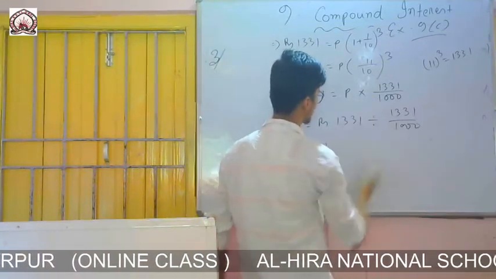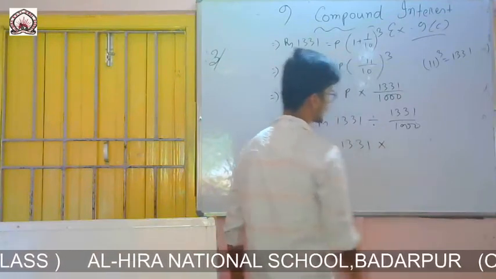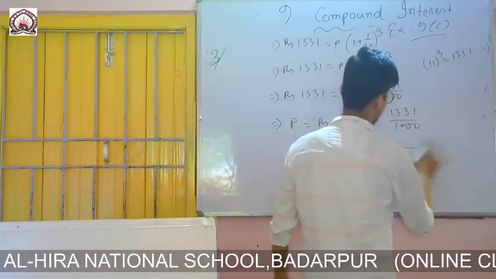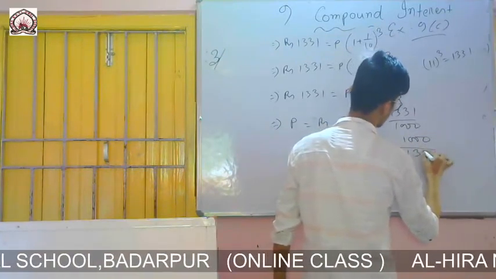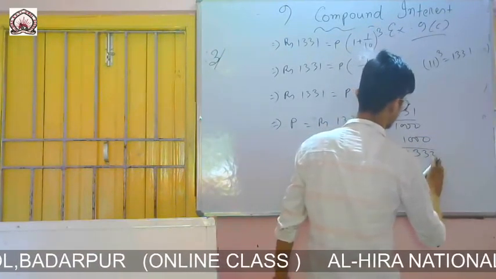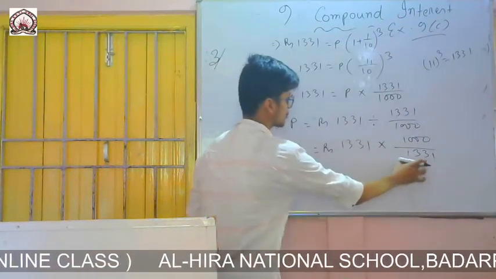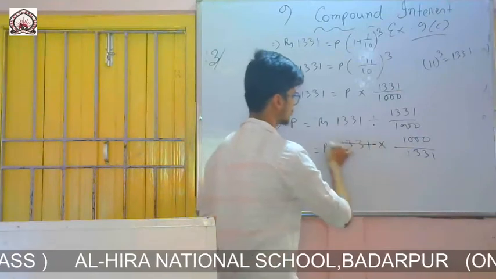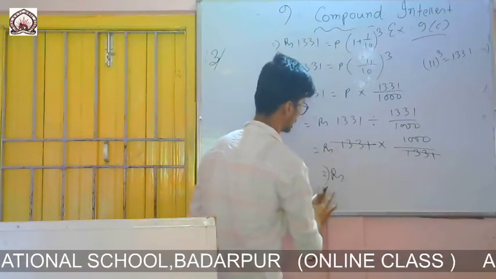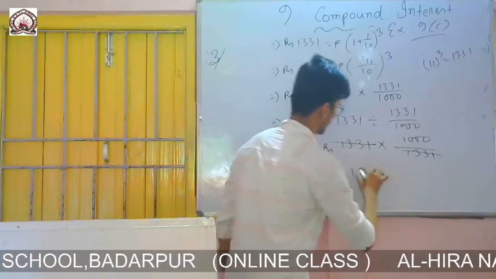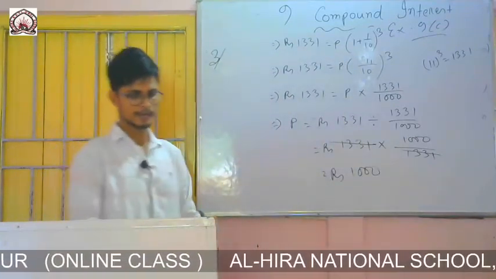So in place of divide I will put the multiplication sign, then it will be the reciprocal, 1000 by 1331. Now you see there is also 1331 and there is also 1331, I can cancel these two, left only 1000. So this is the required answer.